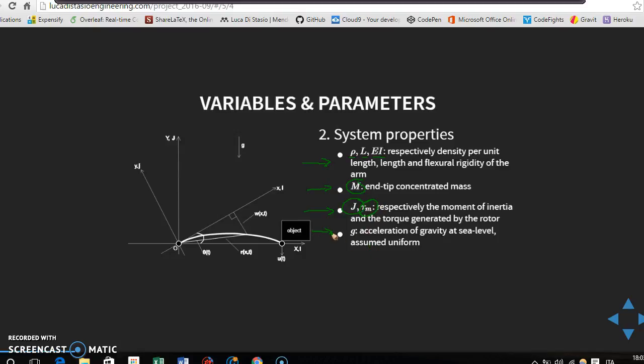For the environment, let's say g, the acceleration of gravity at sea level. So in absolute value, g is equal to 9.81 meters per second squared. In absolute value, because the sign depends on the reference. In this case, g as a vector is exactly minus g in absolute value times j.